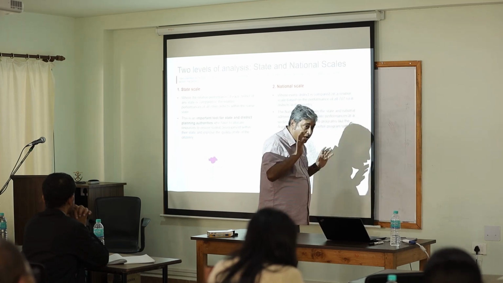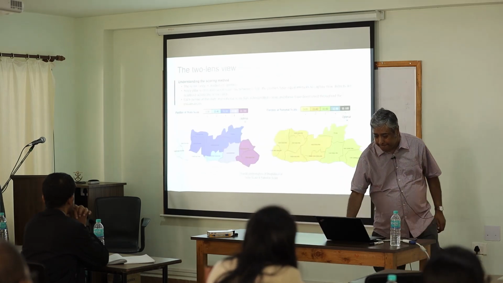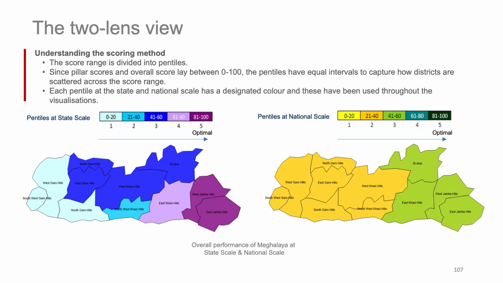So, why was this important? Look at the right hand side. This is Meghalaya. This is rural quality of life, all 69 indicators together. How have the individual districts done in Meghalaya? It's been divided into pentiles.